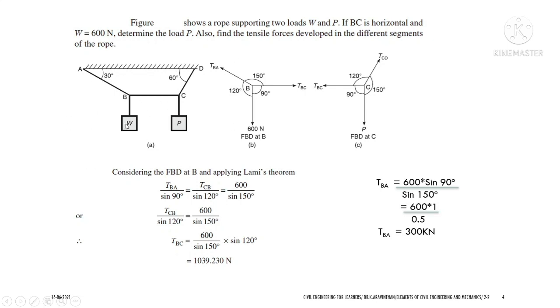What you have to find is, W is given as 600, you have to find what is the force which is acting in AB and BC and DC. These are the three rope forces which are unknown, and the P is also unknown. So let us solve this problem and find what are the rest of the forces which are acting in order to make this component into equilibrium.